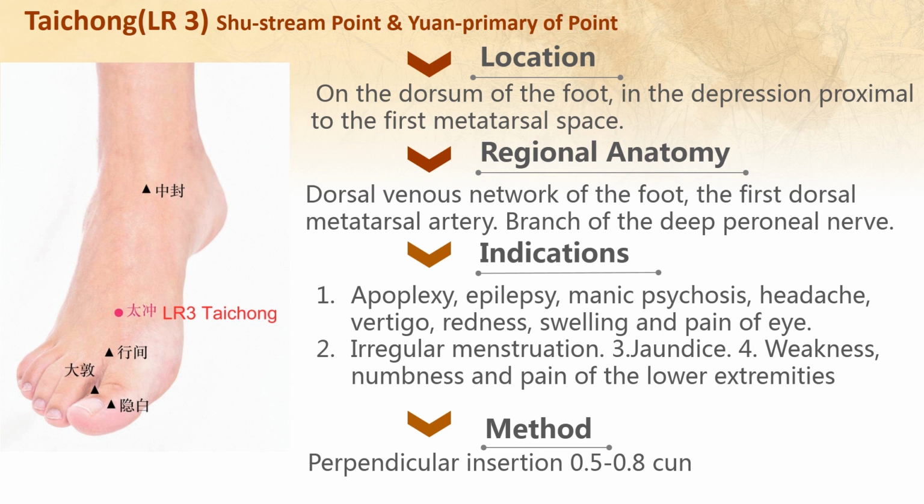Apoplexy, mania, psychosis, headache, vertigo, redness, swelling, and pain of the eye, and red face are all its indications. In addition, irregular menstruation, jaundice, hiccup, weakness, numbness, and pain of the lower extremities are its indications. The operating method is perpendicular insertion 0.5 to 0.8 cun.